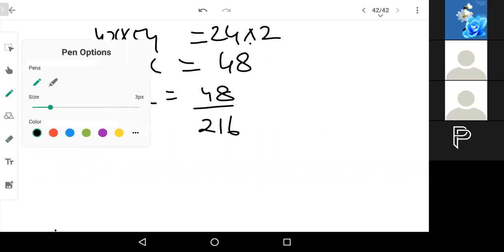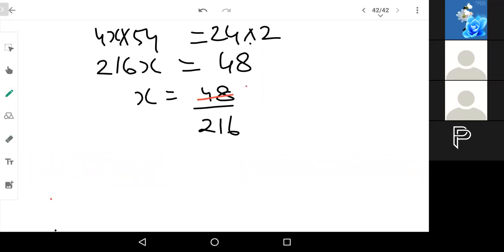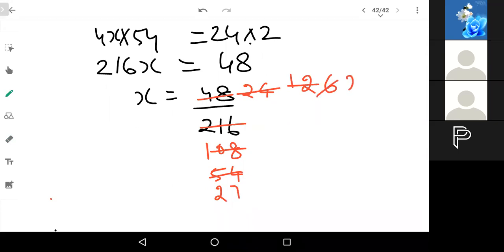I'll use a different color. 2 twos are 4, 2 fours are 8, 2 ones are 2. Since I am taking the next two numbers, I'm leaving it. So 0, 2 eights are 16. So 2 ones are 2, 2 twos are 4, 2 fives are 10, 2 fours are 8, 2 sixes are 12, 2 twos are 4, 2 sevens are 14, 3 twos are 6, 3 nines are 27. So x will be 2 by 9.